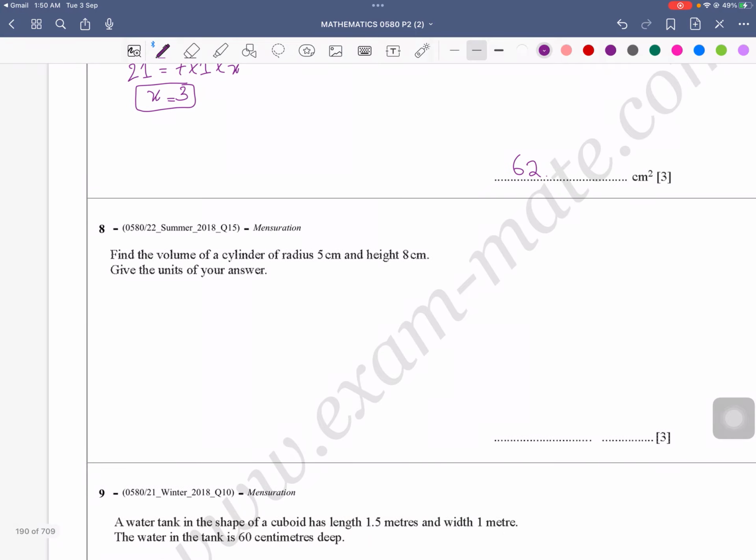We now have to find the volume of the cylinder with radius 5 and height 8. The volume of a cylinder is pi r squared h. The pi will remain as it is, right? R squared is this, height is this.